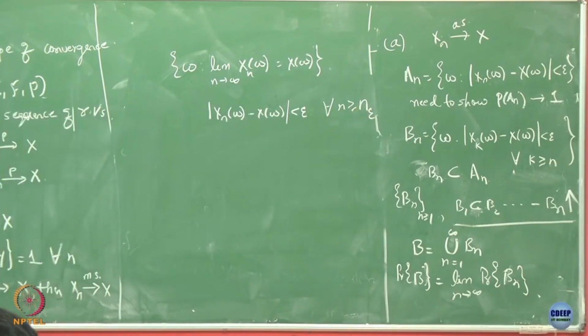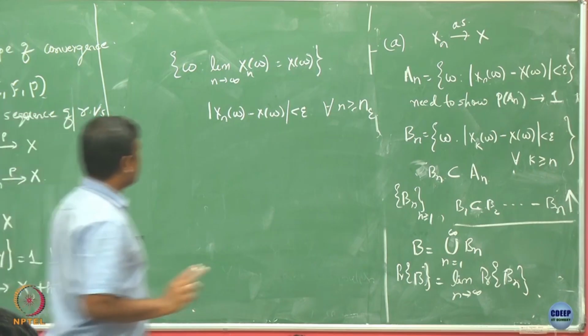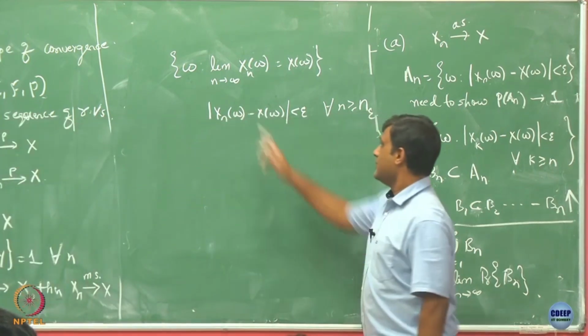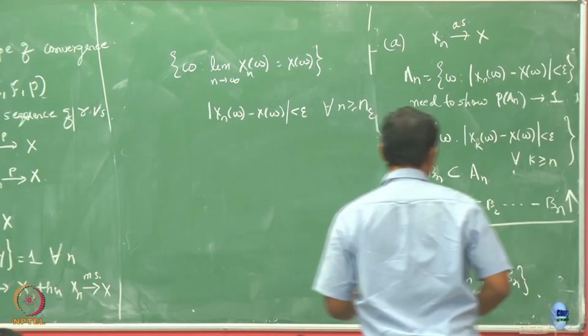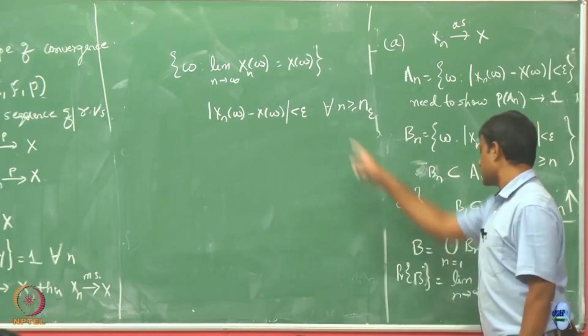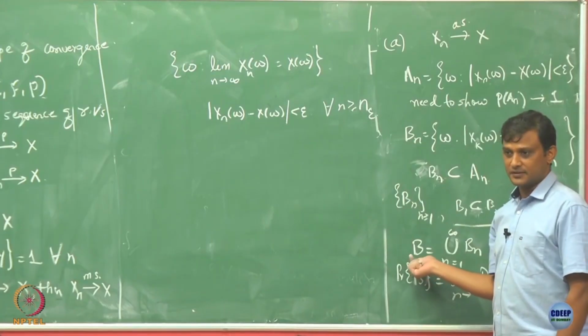This is true, right? I have just applied the definition of the limit. If for some omega this is true, I know that omega should also belong to this B. Is that true?